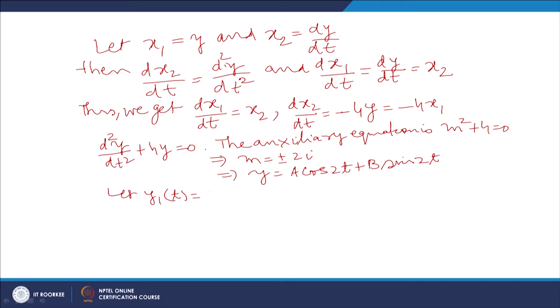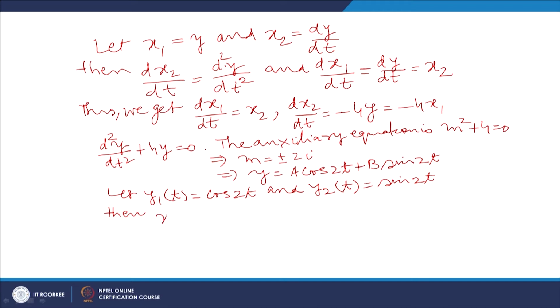Now let us say y1(t) is equal to cos 2t and y2(t) is equal to sin 2t. Okay. Then now we are looking for the solution of the homogeneous system of equations dx1 by dt equal to x2, dx2 by dt equal to minus 4x1.